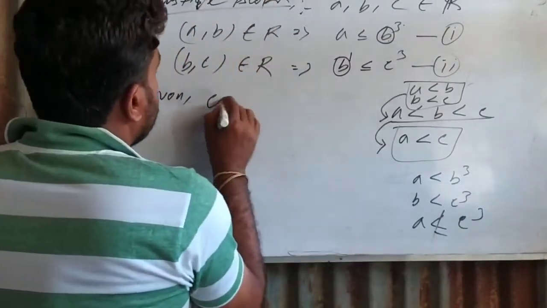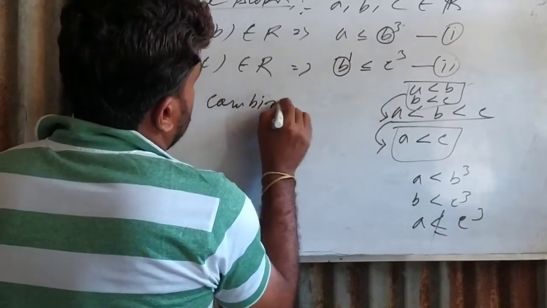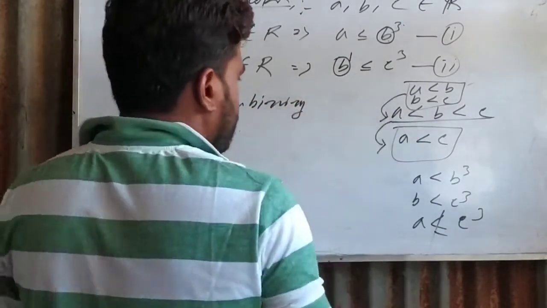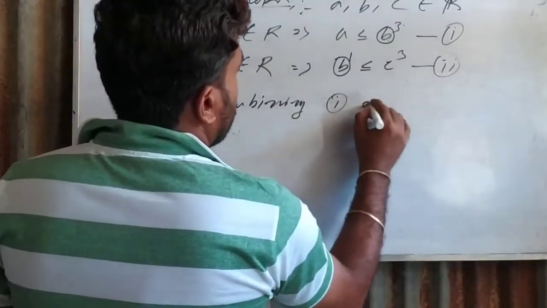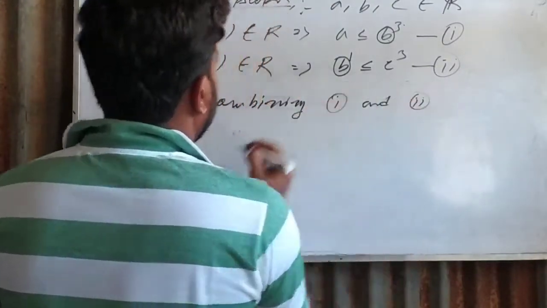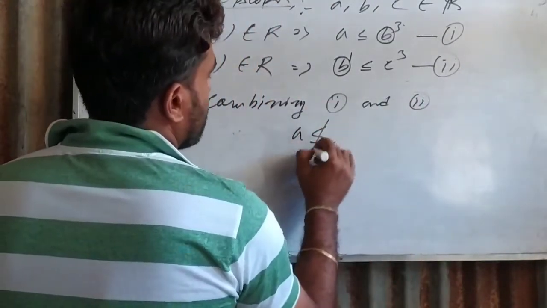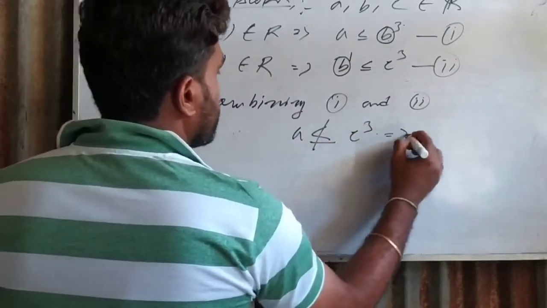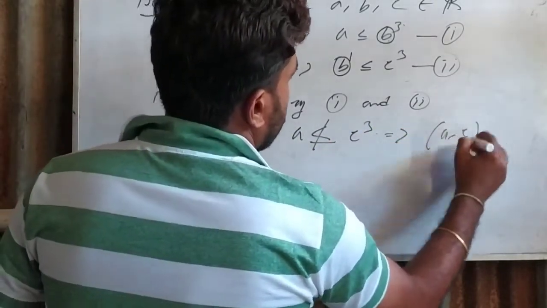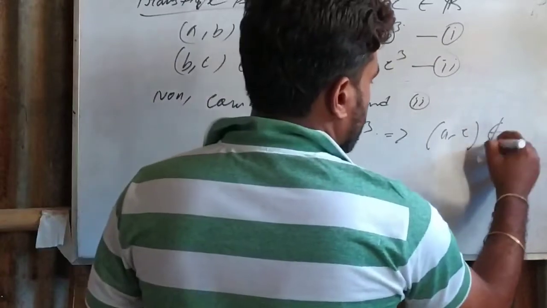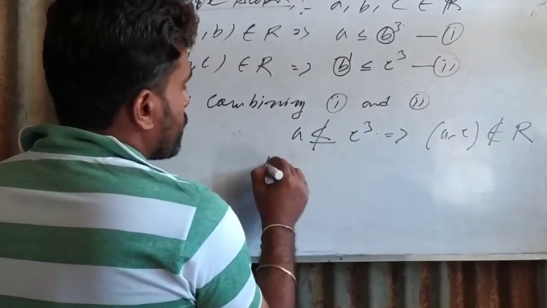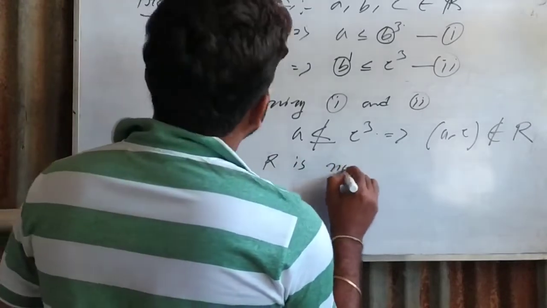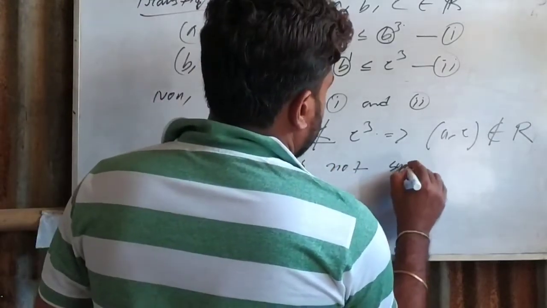So combining 1 and 2, a is not ≤ c³. So this implies ordered pair (a, c) doesn't belong to the relation set because the condition is not satisfied. So R is not transitive.